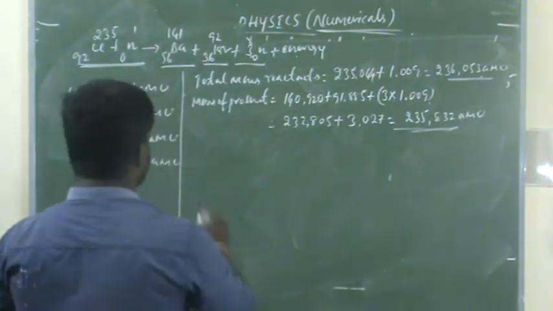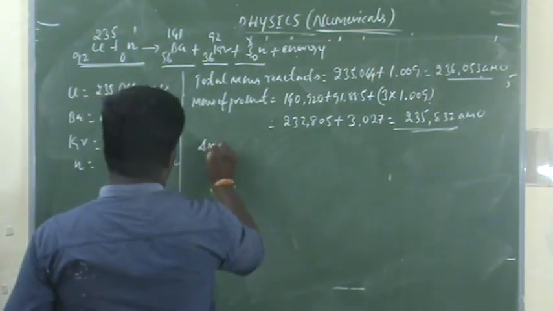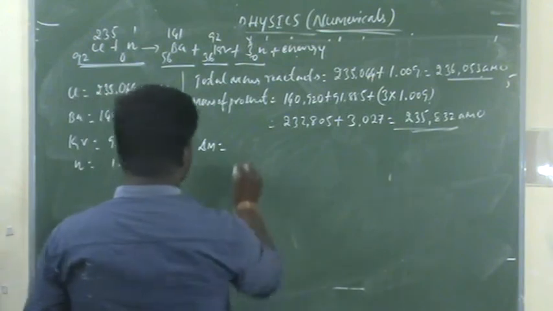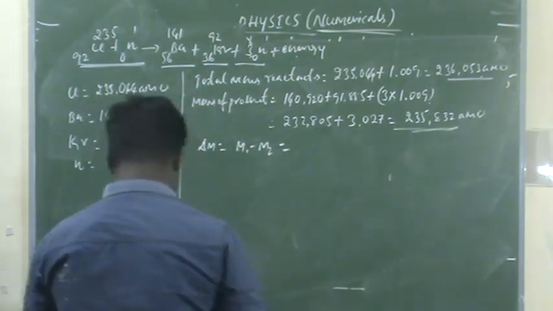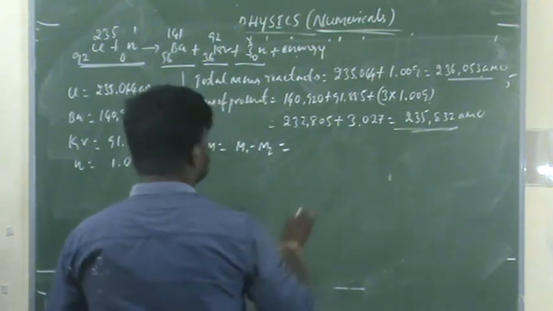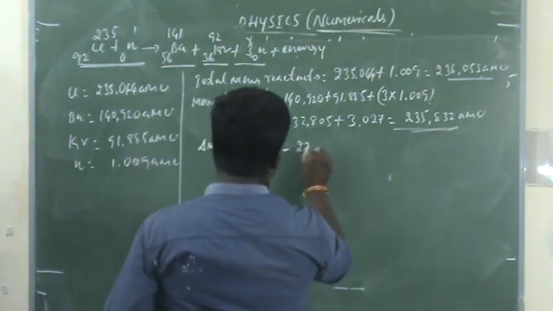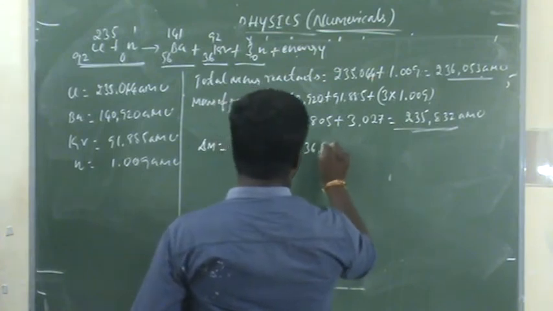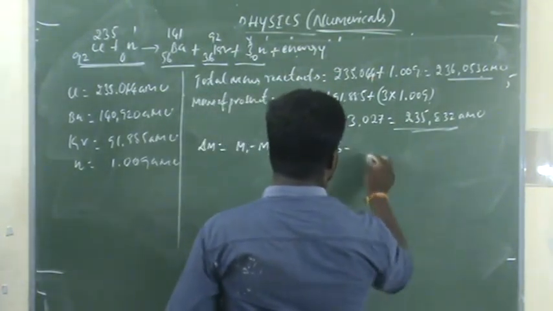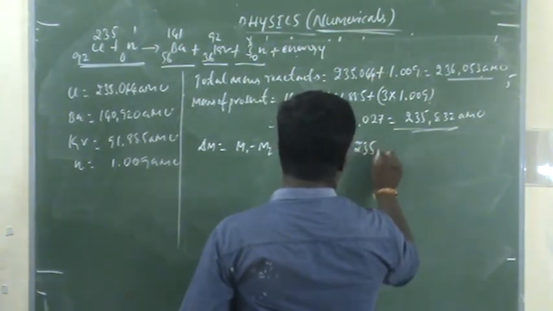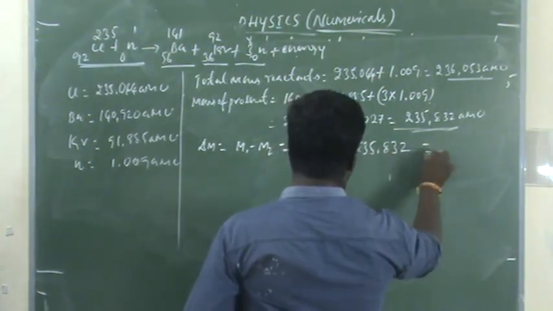Next we have to calculate delta M. Mass defect is equal to M1 minus M2. M1 is 236.053 minus 235.832.